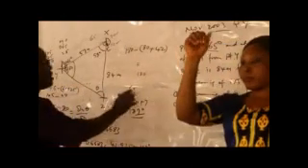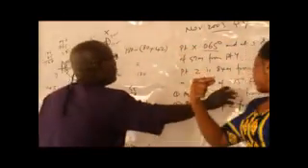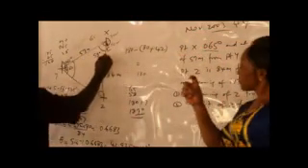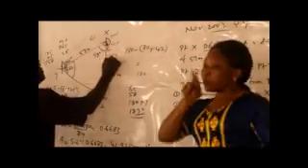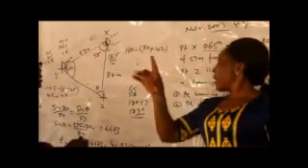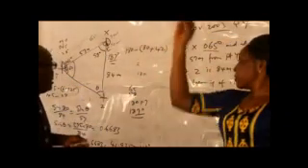So the bearing of Z from X, stand at X, turn to see Z, you have to turn 187 degrees. How do you get it now? I say that have it like this.